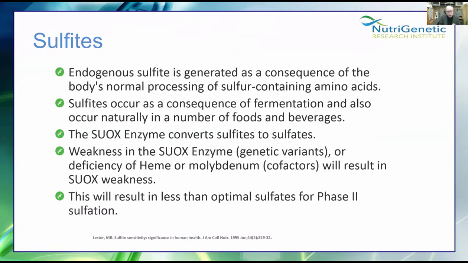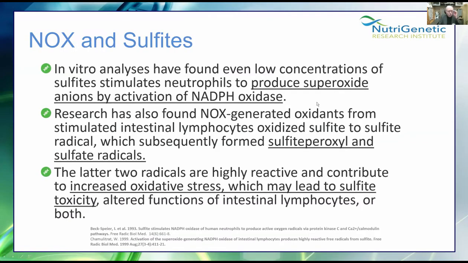And one of the things it clears is the catecholamines. Well, guess what happens if we don't clear the catecholamines? Boom, we've got more stimulation of the NOX enzyme. That's why I'm calling this the 3D chess game. Okay, so some analysis has shown that low concentrations of sulfites stimulate the superoxide anions by the NADPH oxidase enzyme.